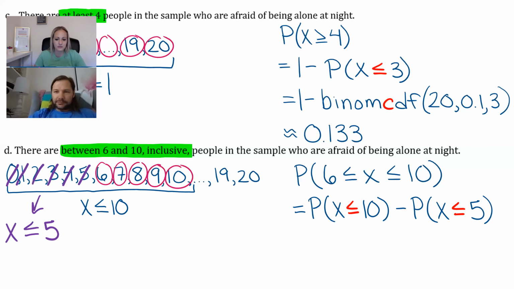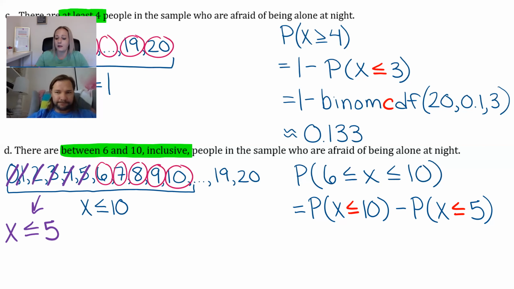The less than or equal to 10 captures all of your probabilities for the outcomes from 0 to 10. Then we subtract off the ones that we don't want, the ones lower than 6, so we take off the probabilities for x being less than or equal to 5.